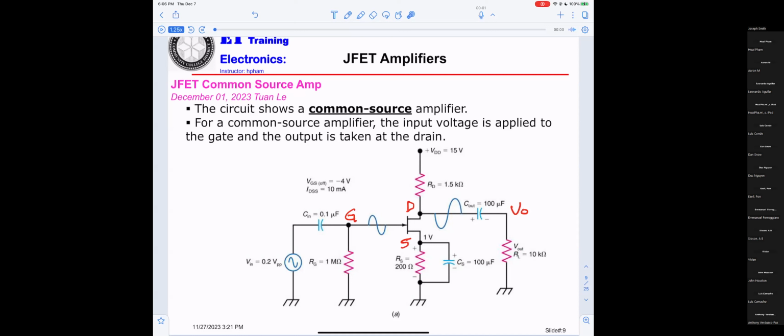Self. You get it? Let me know. Self. You remember you get 3 different: first thing, fixed bias, self bias, voltage divider bias. So for this circuitry, which one?